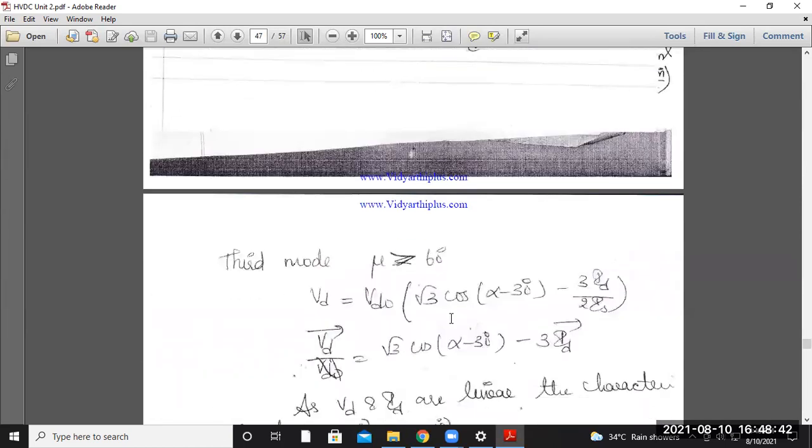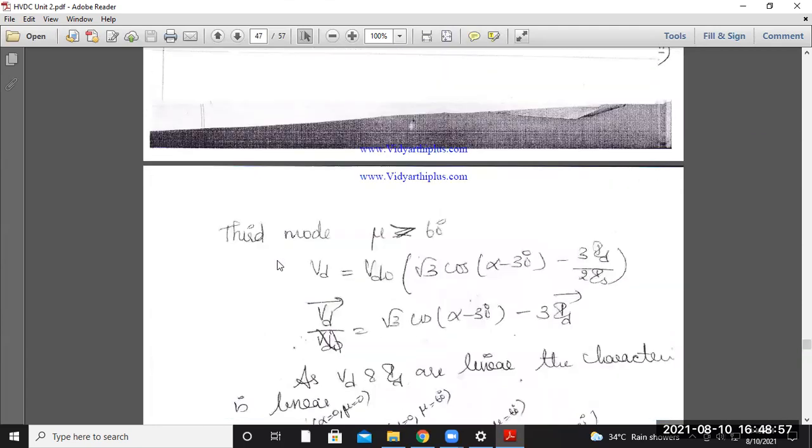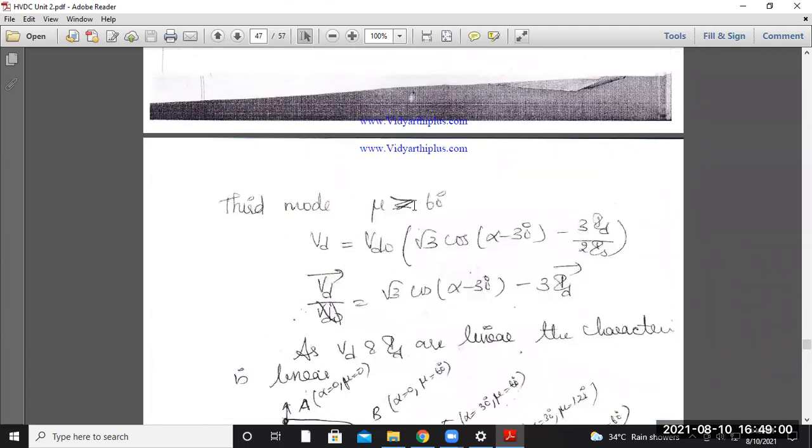Okay, so for the second mode, this is the case for the range of beta, and the equation is given by this, that is vector Vd equal to root 3 cos gamma naught minus 3 Id. Only the inclusion of 3 and root 3 is the case for your mode 2. Now in the third mode, when mu is greater than 60 degree, then what will happen?